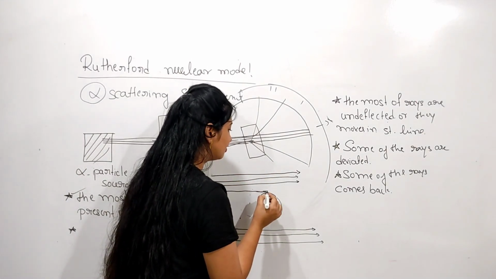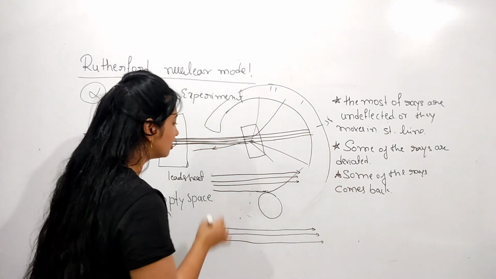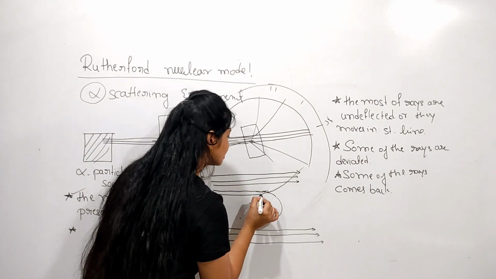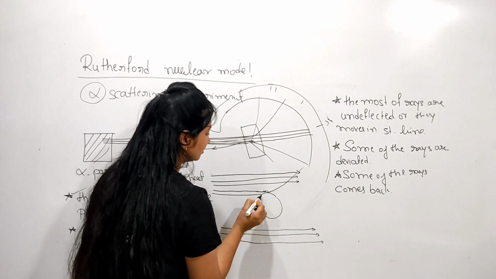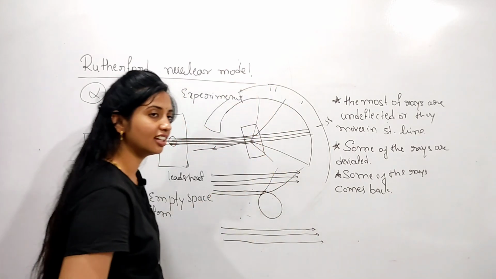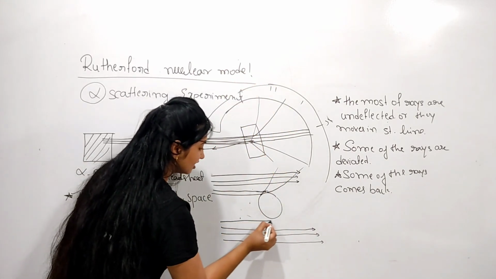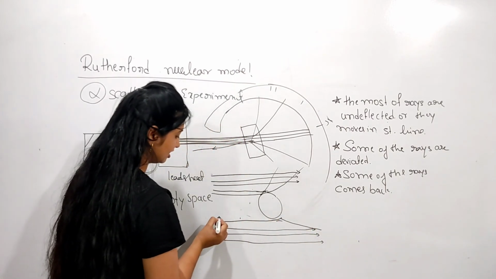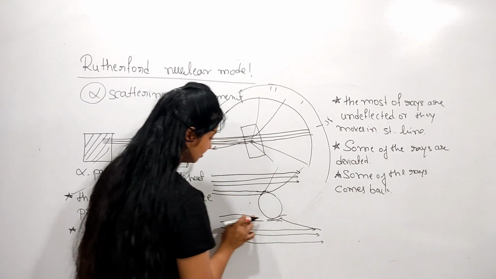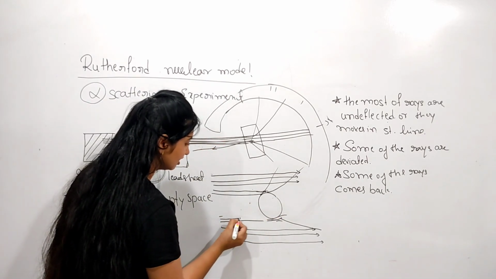Then it deflects at certain angles, and if it is very near to this, it is deflected at a larger angle. So like this, some of the rays are deviated by the repulsive force.